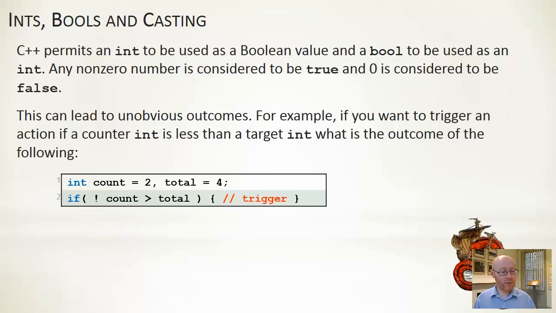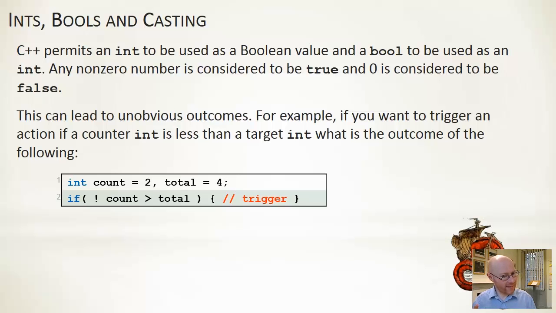There's a fragment of code at the bottom of the screen. I want you to think through, under what conditions will the if statement be triggered? So we have integer count equal to 2 and total equal to 4. We have some counter and we have some total value.